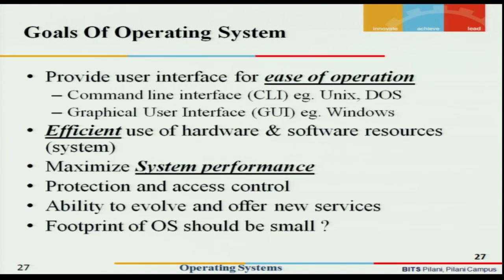Next is protection and access control, which essentially says who accesses what, whether every user would access all the information present in the system, or each user would access only its own information. This needs to be provided, so protection and access control is a vital goal.